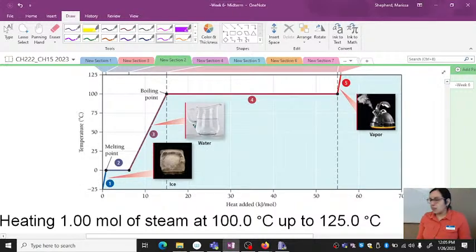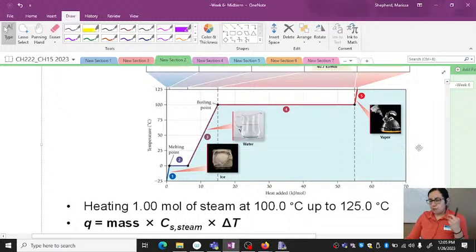Anytime you have the flat line, then you need some sort of vaporization or fusion. I don't have a practice problem handy, but probably for our review, we'll do a harder substance, like a metal or something weird that would have unusual answers.